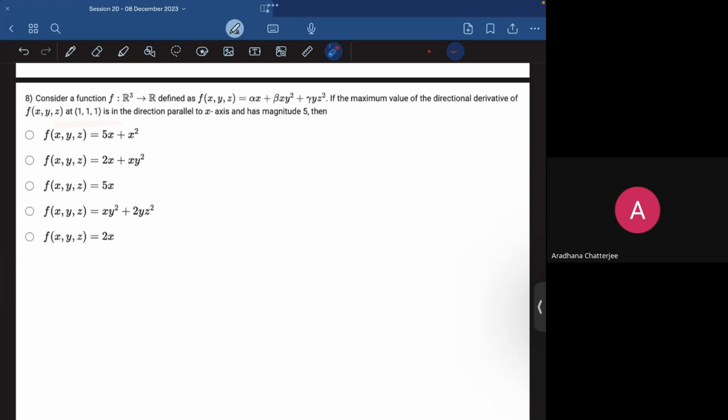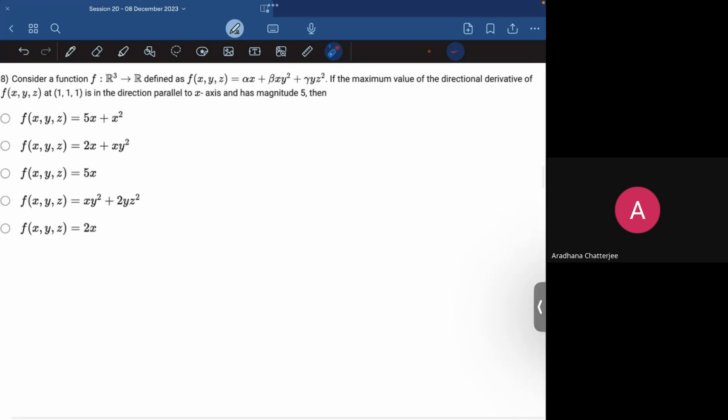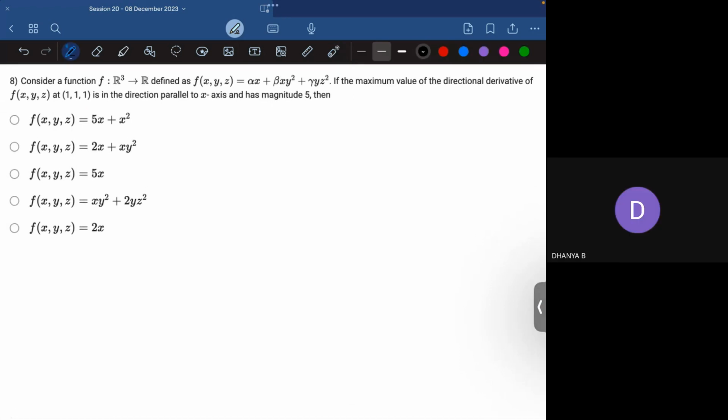Does anyone know? The tangent will be zero, ma'am. Parallel to the x-axis means it's in the direction of the x-axis only, because this is R3. So we'll have... Ma'am, it means (1,0,0). Exactly, so (1,0,0) is on the x-axis, and you can scale it by any amount.